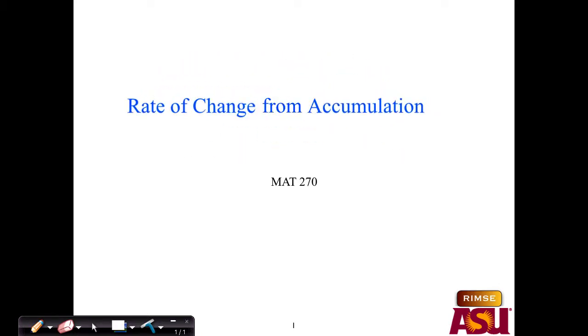So we actually did this a little bit already, very briefly. Chapter 4, in fact, was mainly about how to find rate of change from an accumulation function. We didn't necessarily talk about it in those terms at that point in time. But if you remember when we were working with Usain Bolt, we had his distance from the starting line measured in meters over a certain number of seconds.